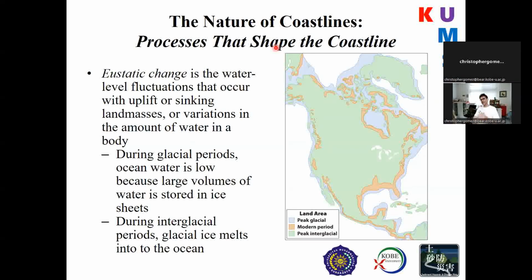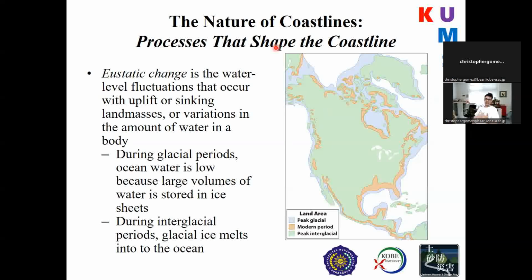So we talked about this in one of our early lectures. We explained that plate tectonics and plates are floating. So when those plates are loaded, they tend to go down, and when unloaded, they tend to go up. And of course, when you have a continent on top of your tectonic plate, this will have an impact on the coastline itself, because the coast is going to move.